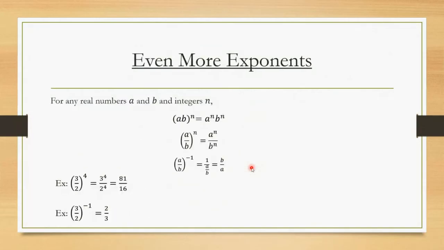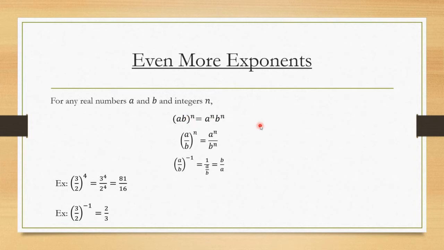All right. And here are just some others. For any 2 real numbers, a and b, and integers n, a times b to the n is a to the n times b to the n.